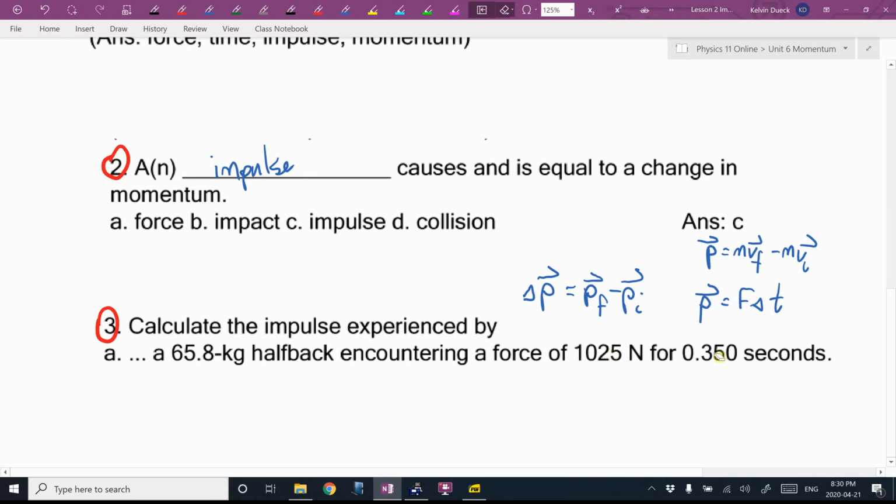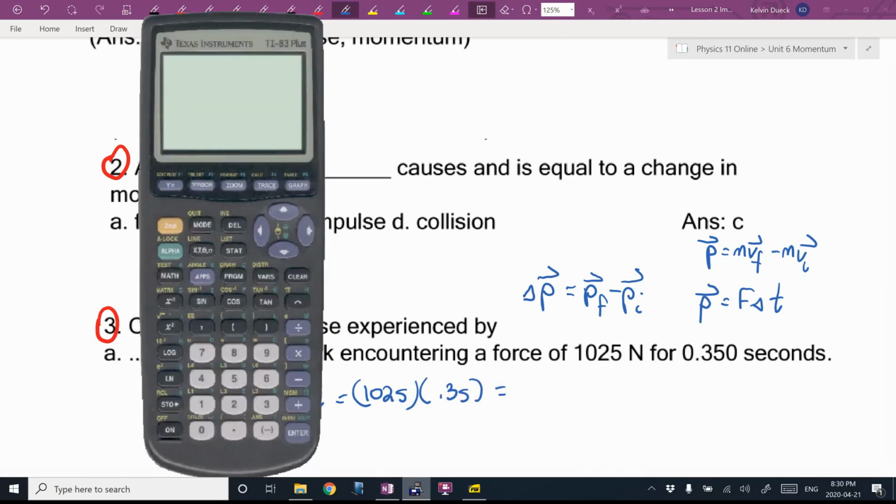Here I see a force, I see a time. I'm going to find the impulse by going force times time. It's going to be 1025 times 0.35.